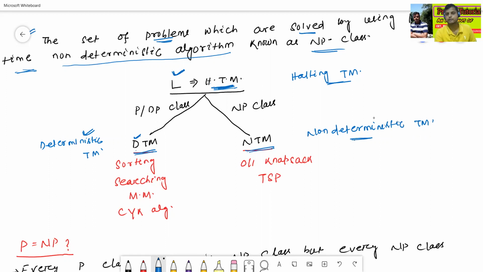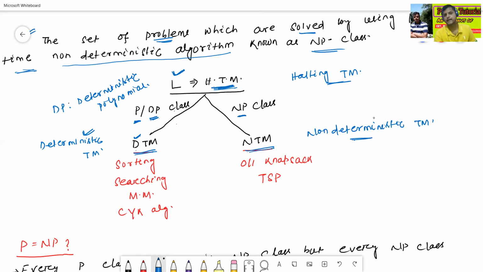For the deterministic Turing machine, the class is called P class or DP class. P class means polynomial class, and DP means deterministic polynomial class. Or simply we can call it P class also.